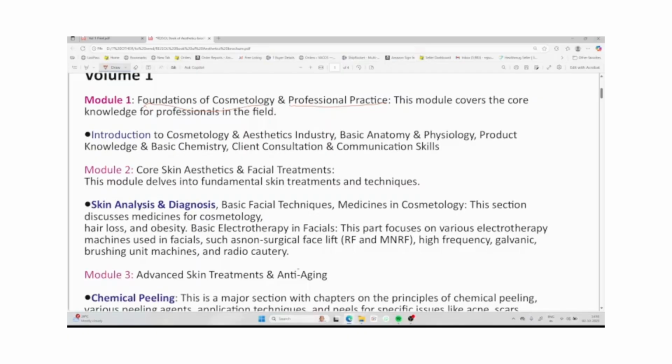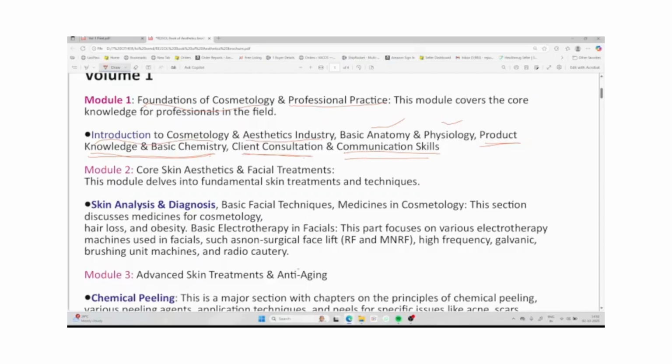It covers introduction to cosmetology and the aesthetic industry, anatomy and physiology of skin, and product knowledge: what are the chemicals that are used in the various products, maybe sunscreen, moisturizers and peels, serums, what is the basic chemistry of these chemicals. Each and every chemical is discussed in detail, along with client consultation and the communication skills you should have in the professional practice of aesthetic medicine or cosmetology.